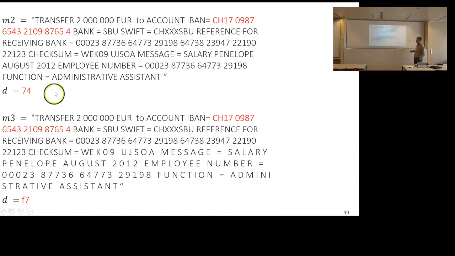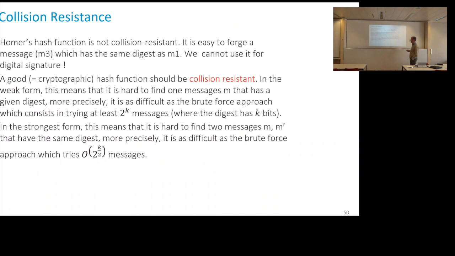If I send this message plus its signature, the signature that was computed only on F7 will not change. Of course, in reality, we don't use 2 hexadecimal digits, which would be 8 bits here. It's an 8-bit hash, which obviously is too small, but we would use a hash that's much larger. But still, the problem remains.